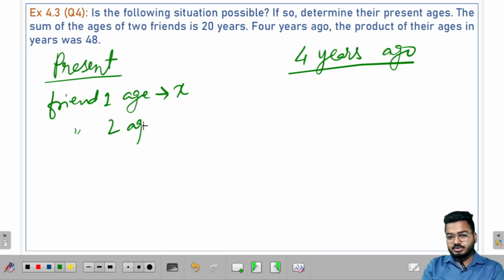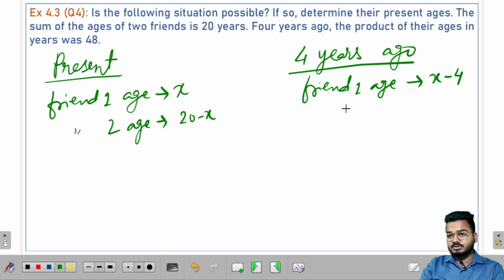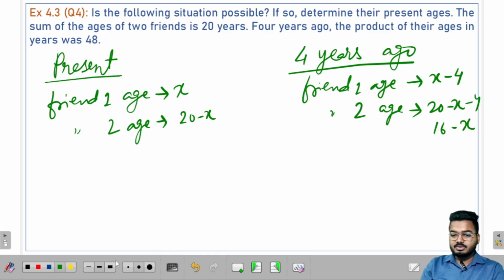Friend 2 age 20 minus x, and 4 years ago friend 1 age will be x minus 4 and friend 2 age will be 20 minus x minus 4. Okay, so it will be 16 minus x. So now it is being told कि ये जो 4 साल पहले जो एज था दोनों का x minus 4 and 16 minus x, दोनों को मल्टीप्लाई करेंगे, दोनों को प्रोडक्ट जो है दैट इज 48.